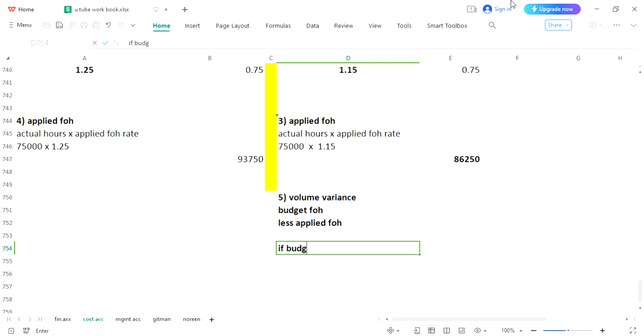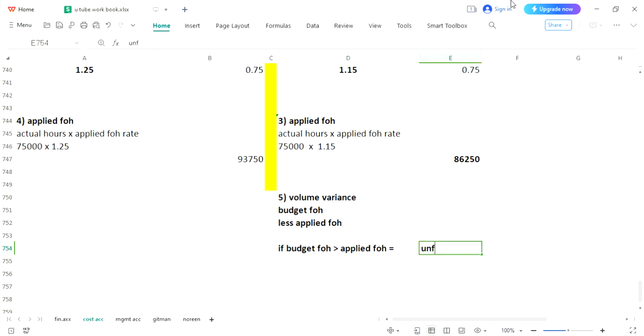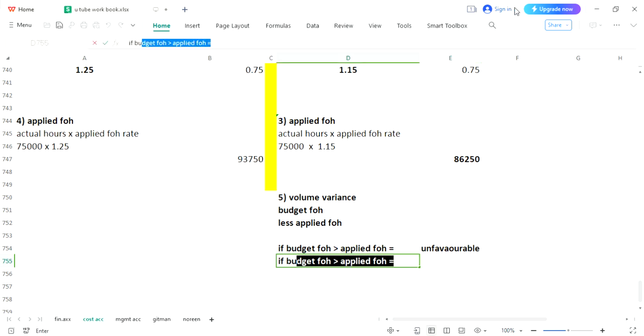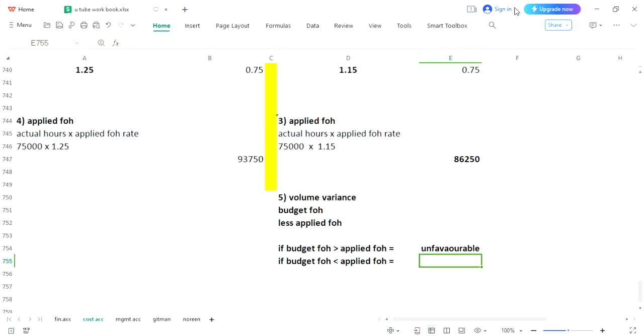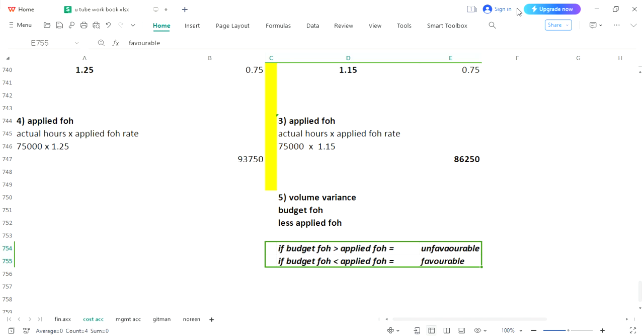So if budget FH is more than applied FH, we will conclude it as unfavorable. And similarly, if budget FH is less than applied FH, then it would be considered favorable. Favorable. Now, hopefully you remember these things, we have discussed them so many times.